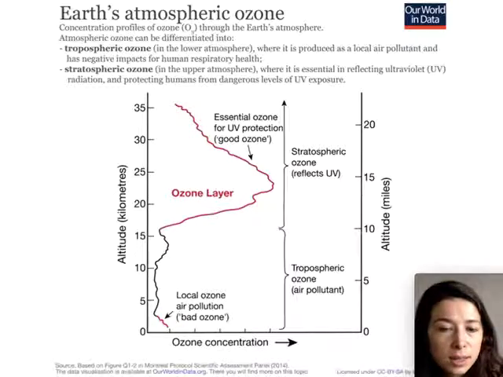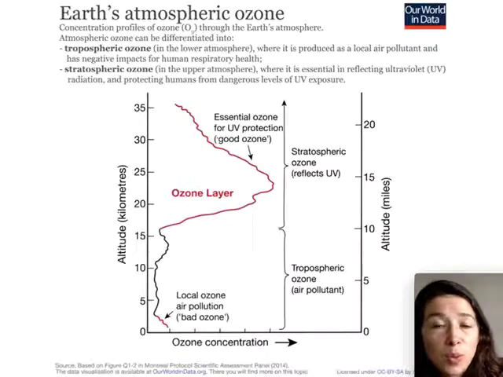And then right down here in the graph, at a much lower altitude, they're showing you the bad ozone. So when we talked about ozone pollution in our previous video, we were discussing ozone that was the result of industrial processes, producing ozone lower down, close to the air you are breathing.